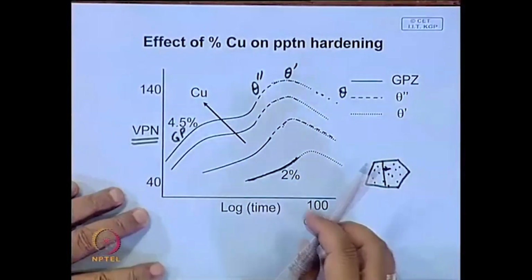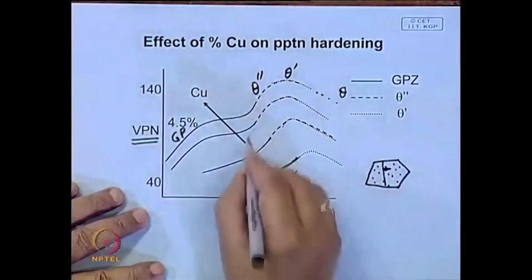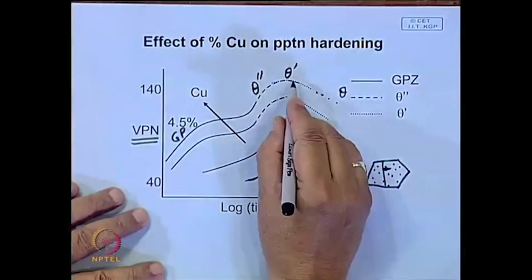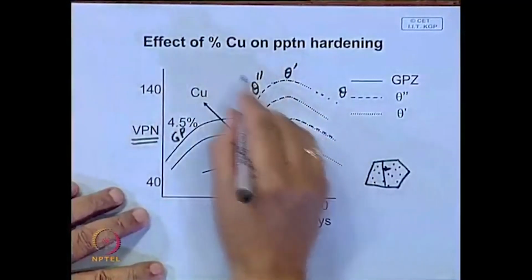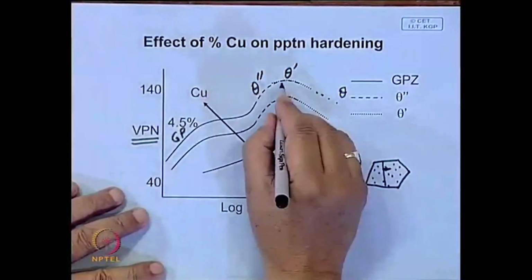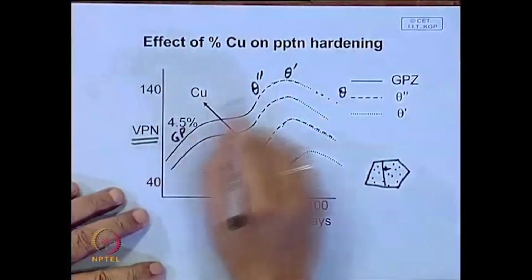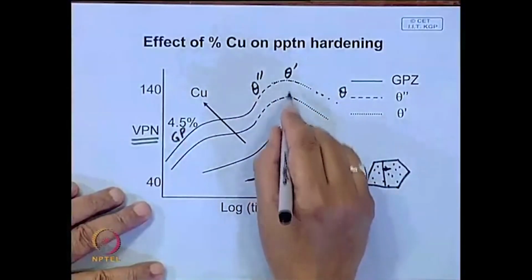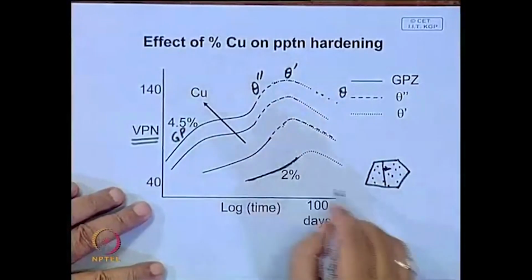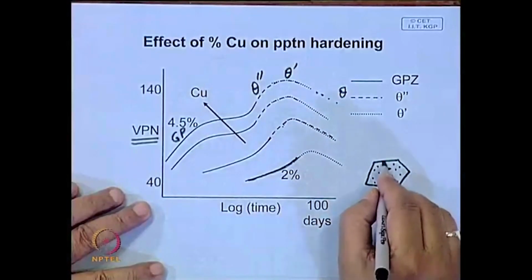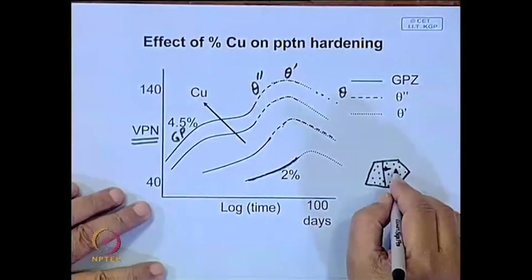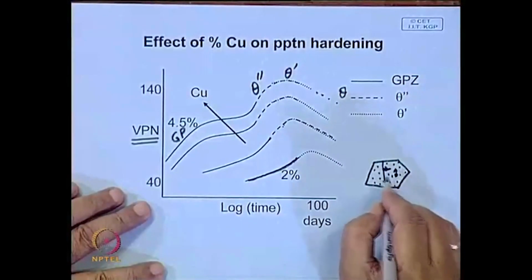And you will find that the effect of composition has a significant effect on the extent of hardening. If you increase copper, you are increasing the volume fraction of precipitate. So, if the volume fraction is increasing, and you have more particles, and if the particles are small, the distance between the particles also will be small.